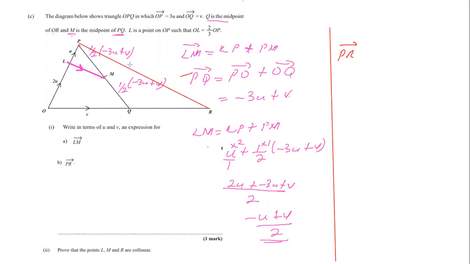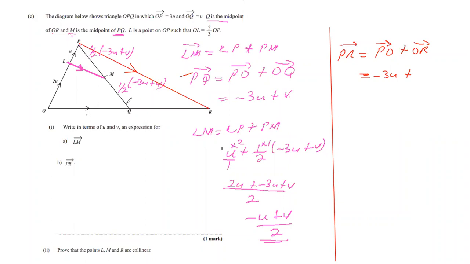So PR will be equal to PO plus OR. Which direction did you go? PO plus OR. So PO would have been negative 3U, right? Plus what?